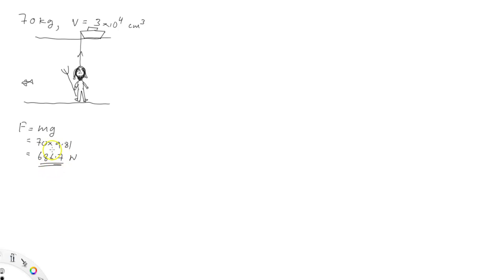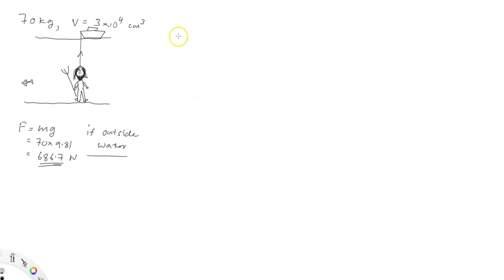So this much force you need if outside water. Okay, but now this thing is inside the water. It will be a little lighter. So let's calculate. How do you find that?